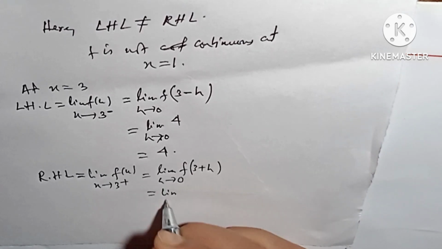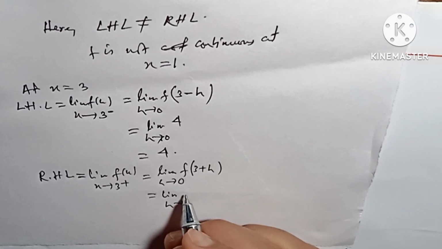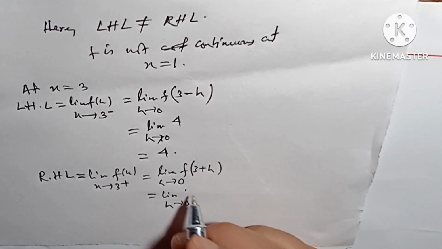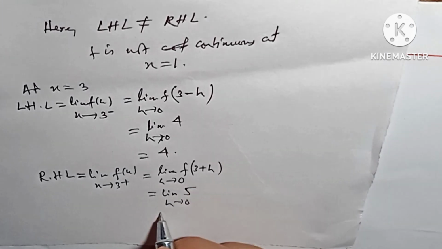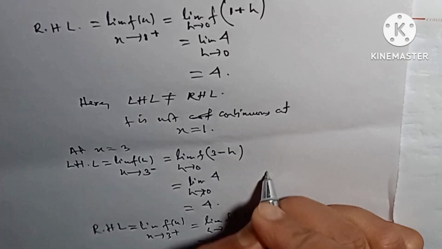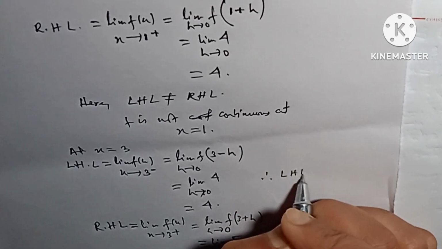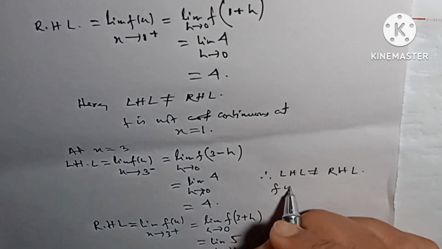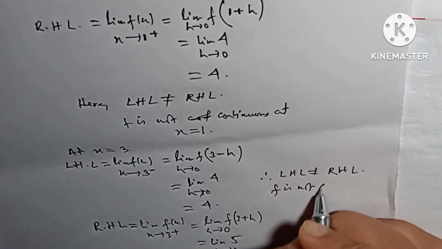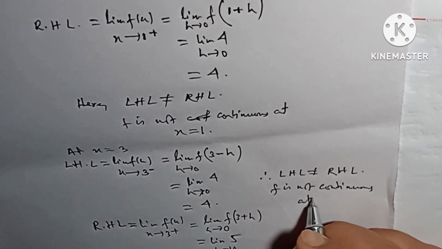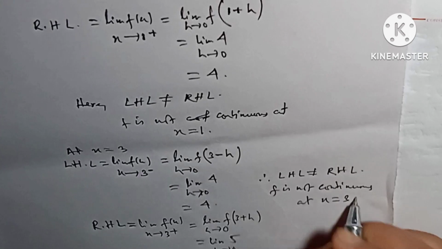So the limit as h approaches 0 is equal to 5. Therefore left hand limit does not equal right hand limit. f is not continuous at x equal to 3.